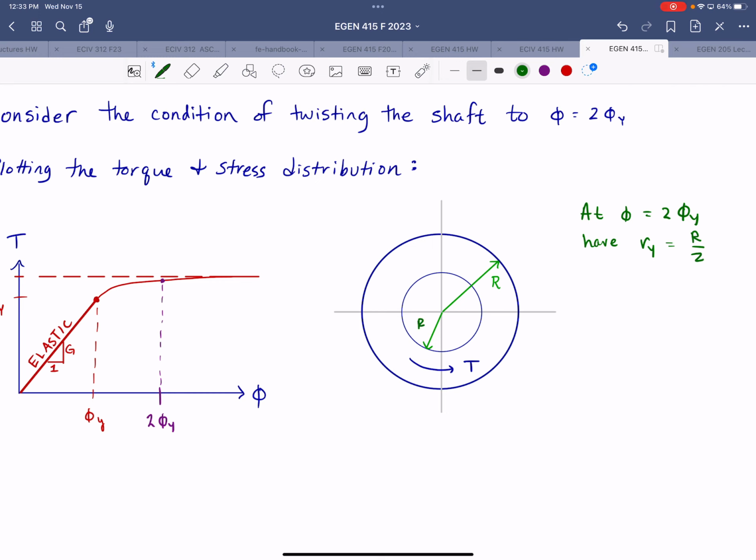All right, so I'll note that is r over 2. Our stress distribution, we'd have our yield stress up here, and then linear to 0.